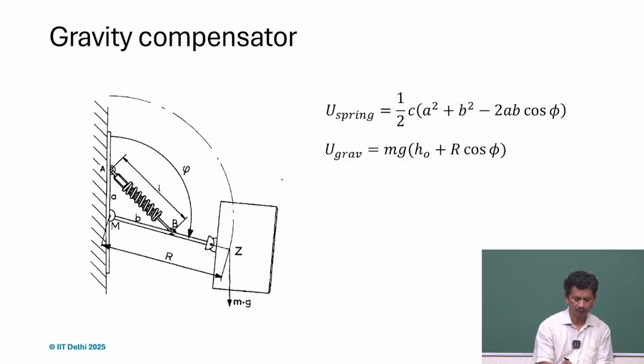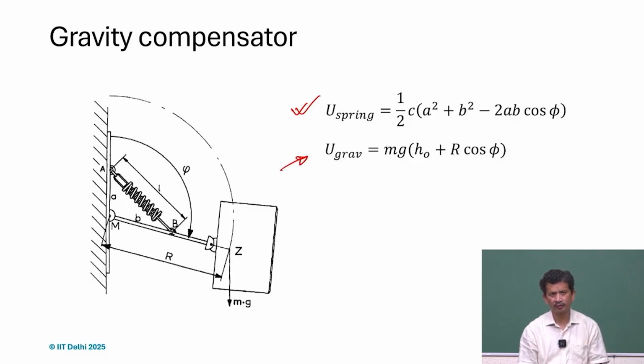Similarly, because of the gravity, we are shifting the weight, positioning it. It can be some mass, a speaker, or some kind of unit or cabinet we want to position without any effort.